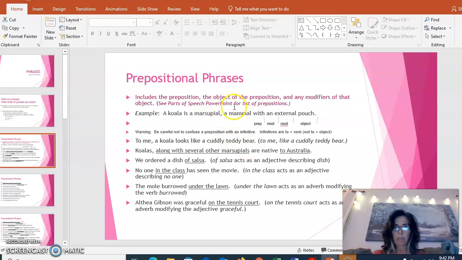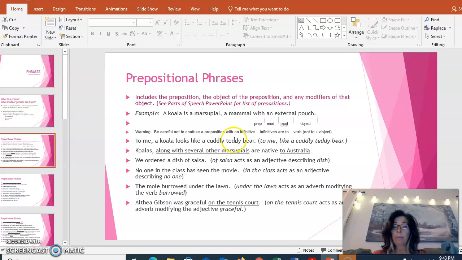See Parts of Speech PowerPoint for a list of prepositions. I will include that also in your resource materials. Okay, so a koala is a marsupial, a mammal with an external pouch. With is the preposition and the pouch is the object, so you have a prepositional phrase here.